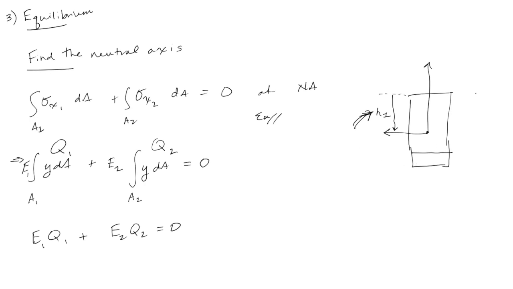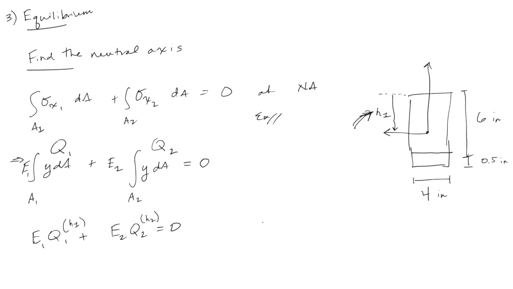Let's say this is 6 inches, this is 0.5 inches, and this is 4 inches. Let's write Q1 in this case as a function of h1, and Q2 as a function of h2.